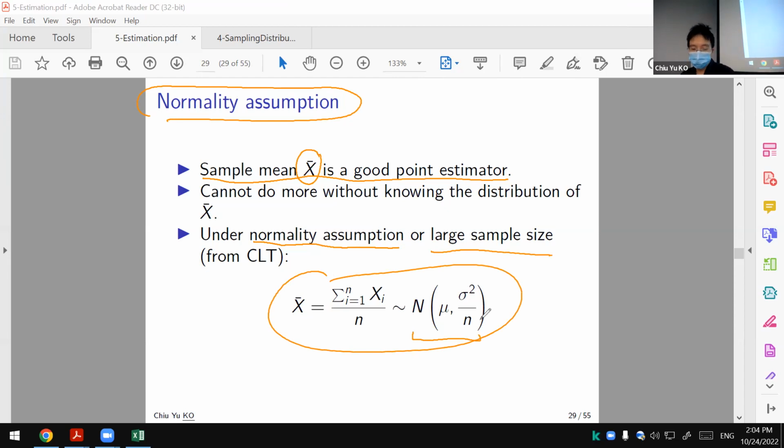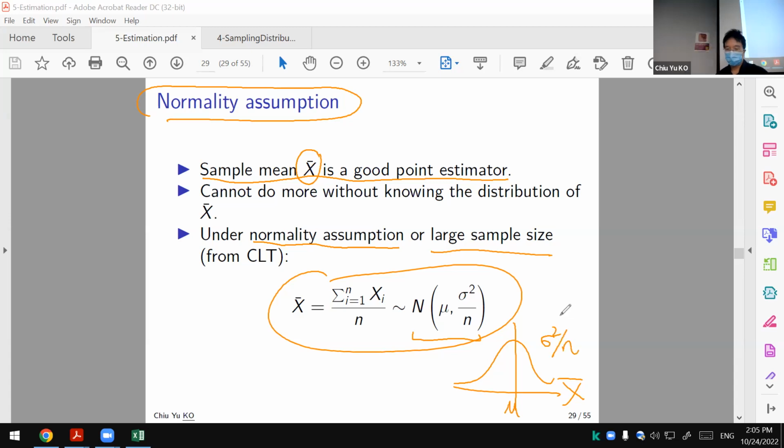Either you invoke central limit theorem or we use the normality assumption. Okay, is that okay? This is just to remind you. This is a bell curve. This is mu. This is sigma square over n. So that is the main thing.